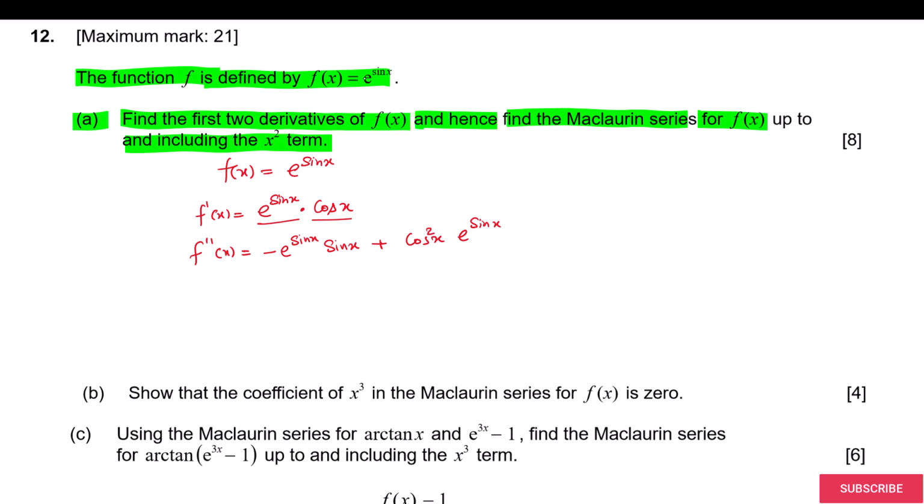So we got the double derivative, and now in order to use the Maclaurin series we need the f of 0.